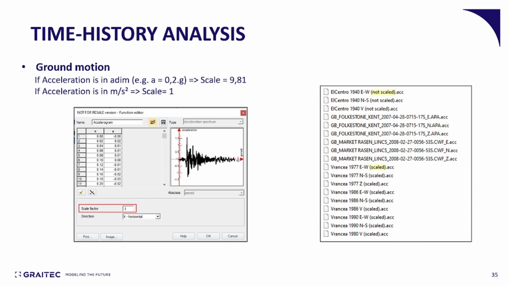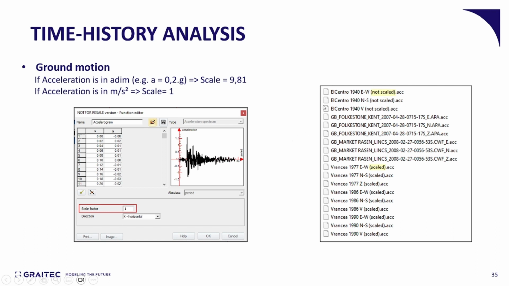And we will discuss the ground motion only as a solicitation. Here we can see a typical accelerogram. The software basically provides a wide range of accelerograms the user can use. Two tips here. The first one, some of them are called scaled and some of them are called non-scaled.